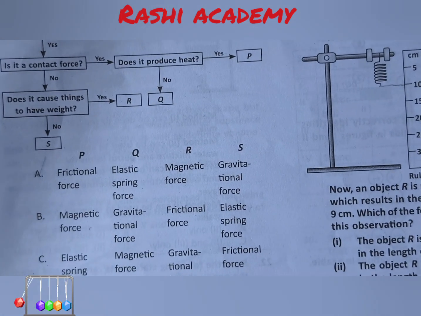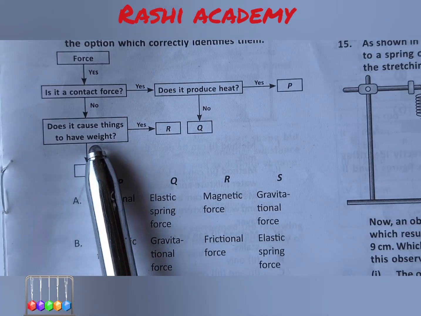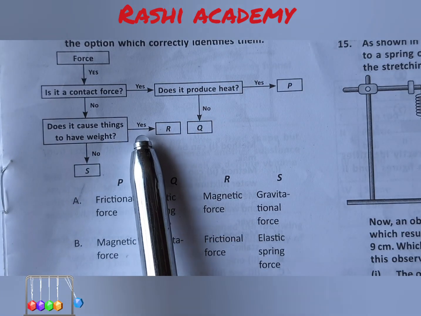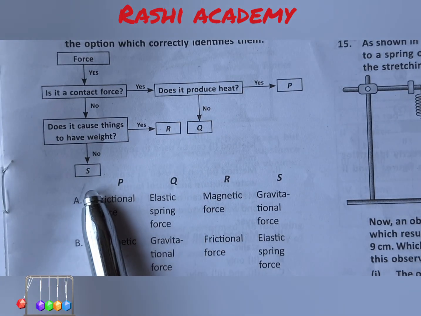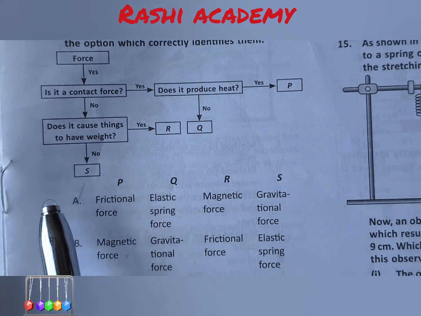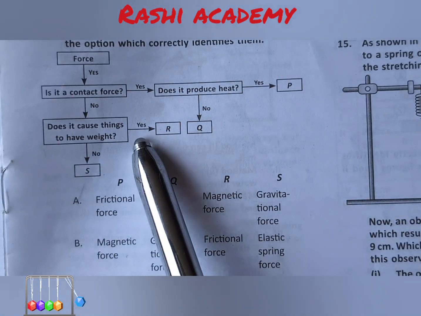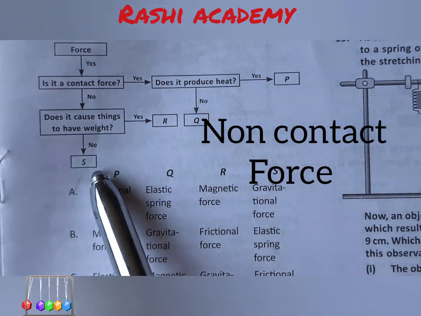It says, does it cause things to have weight? If yes, then this type of force is R. If no, that is called S. So does it cause things to have weight? Yes. These are non-contact forces.